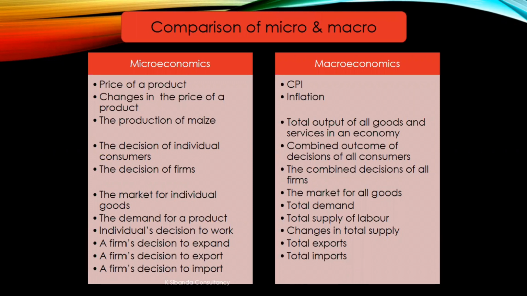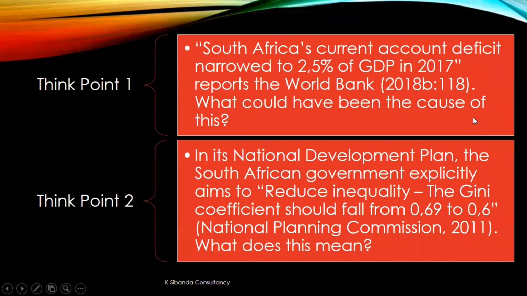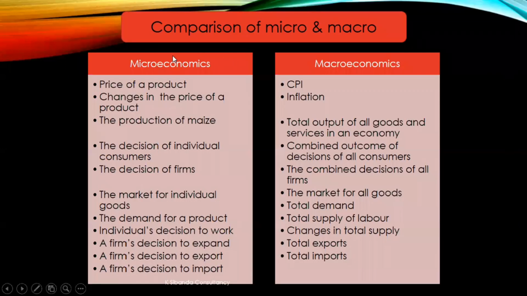They are very small components, but there are a lot of them that you have to grasp and remember. But when it comes to macroeconomics, the things are grouped together, so you don't need to remember a lot of small concepts compared to microeconomics.